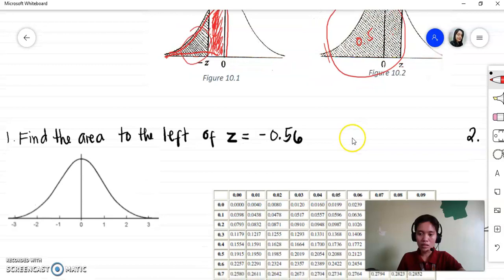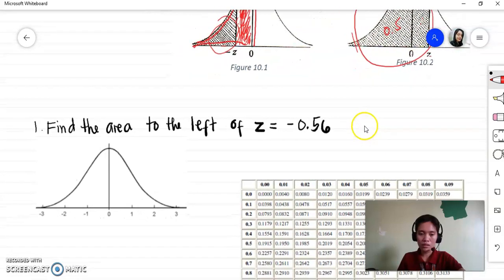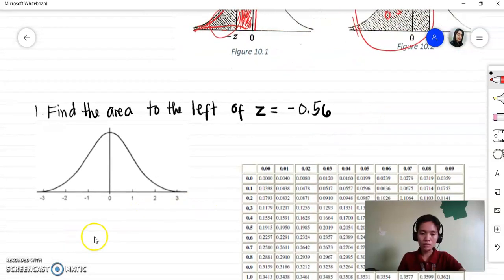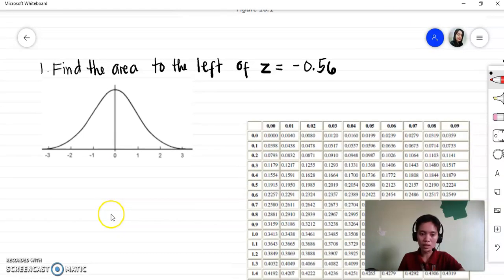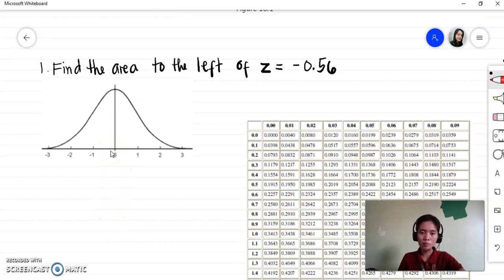Now let's have examples. Number 1, find the area to the left of z equals negative 0.56. Step number 1, we draw the normal curve. I already have the normal curve. Step number 2 is you locate the z-score or z value, which is negative 0.56.